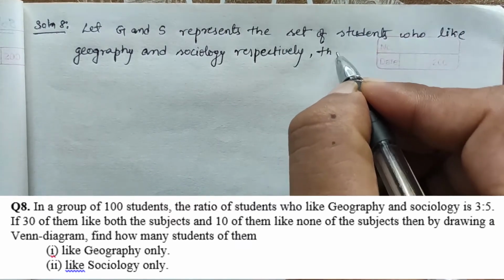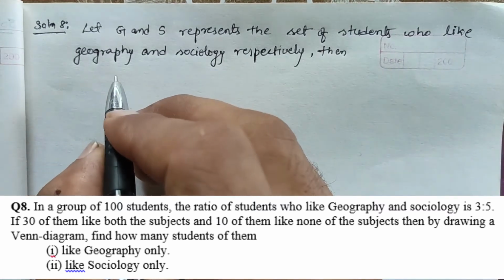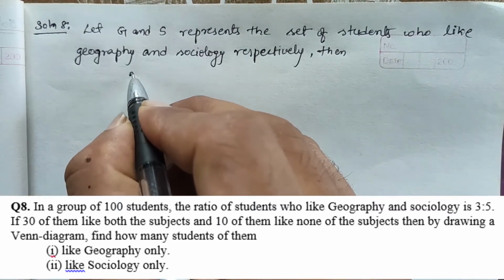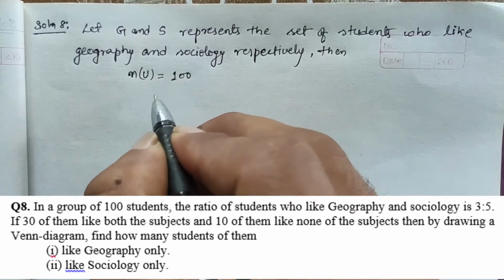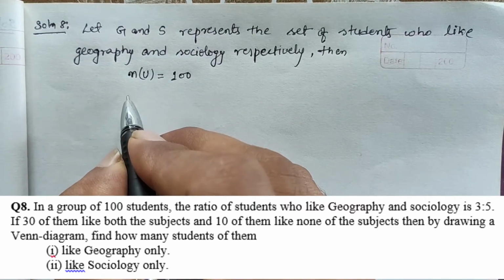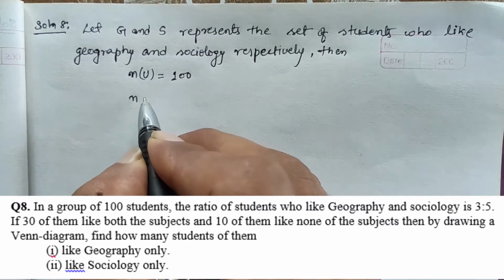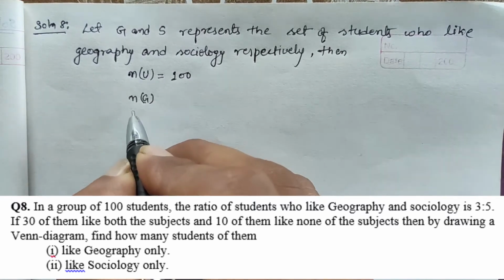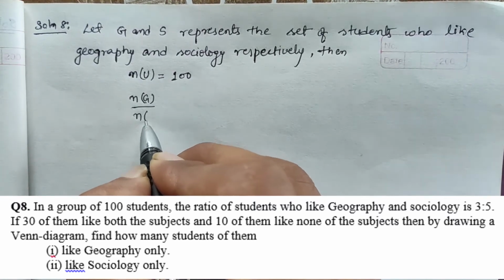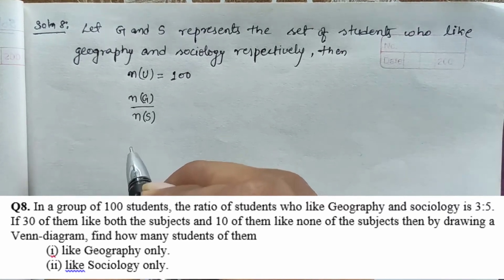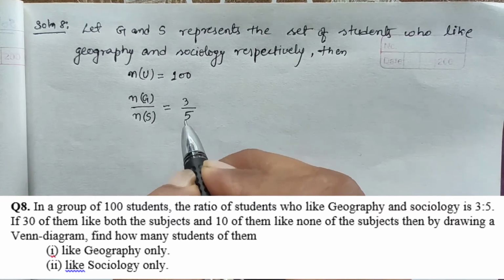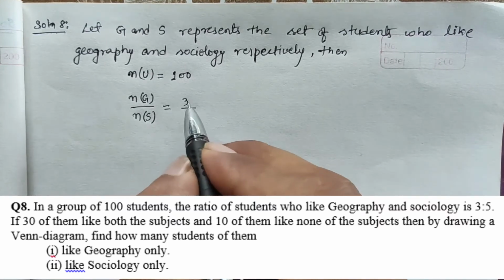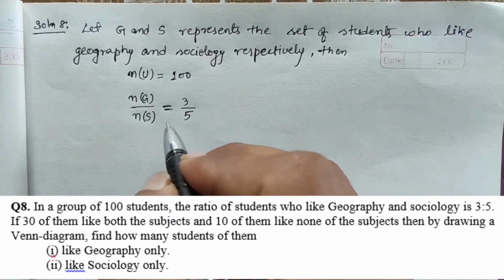Then what's given here? N(U), the total number of students, is 100, and the ratio of N(G), those who like geography, to N(S), those who like sociology, is given. The ratio is given, the number is not given. Number and ratio are totally different things.